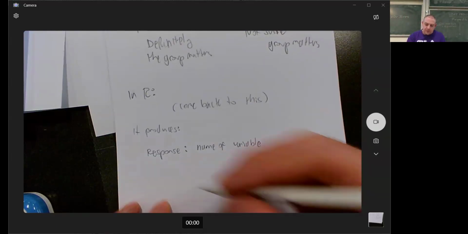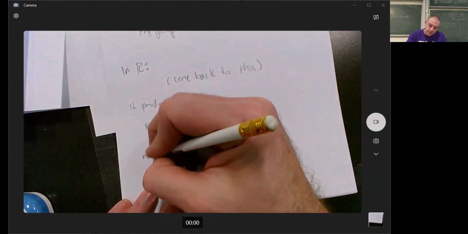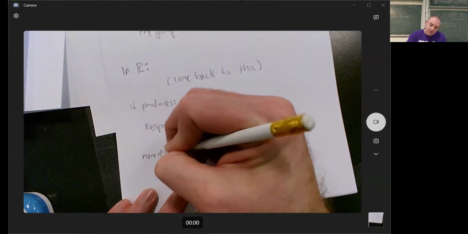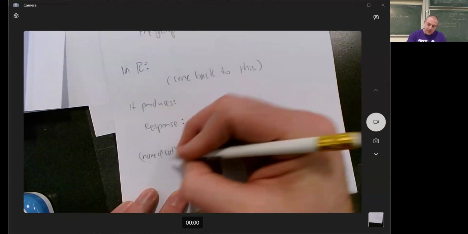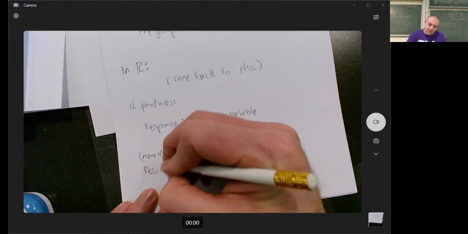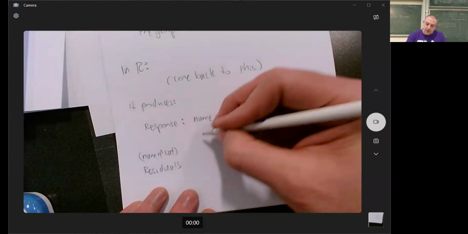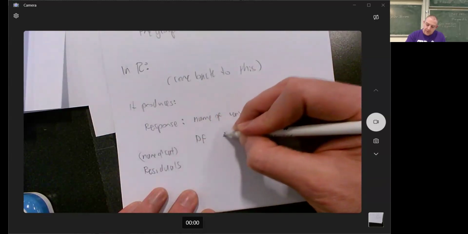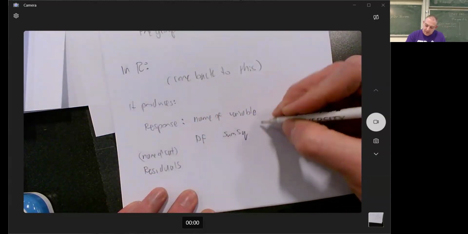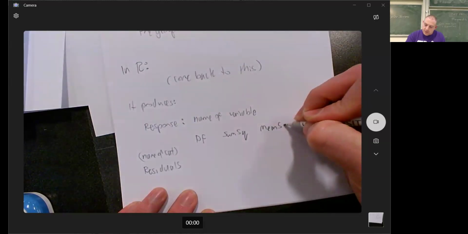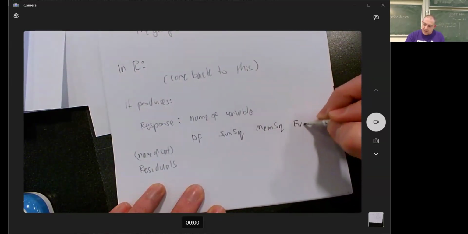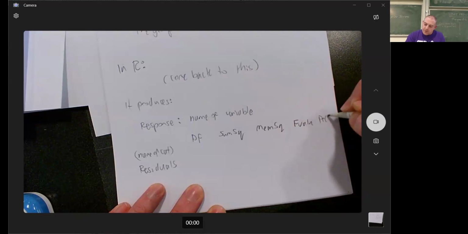And it will say the name of the categorical variable in this spot, and it will say residuals. And then it will say df, sum square, mean square, f value, and probability of being greater than f.